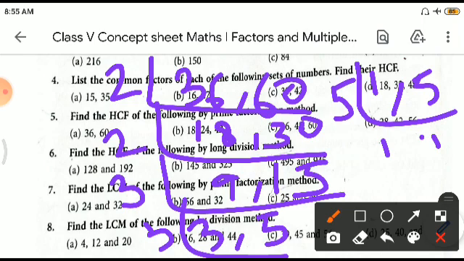Okay, now these are the numbers and we need to just multiply them to get the highest common factor, right? So what will be the HCF here? Yes, any number which is common.